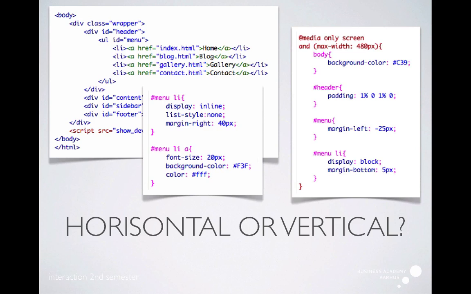And there's also a thing with the menu. I give it a margin left at minus 25 pixels just to adjust it in the horizontal direction towards the left. So this is what happens. This is how we go from horizontal to vertical.